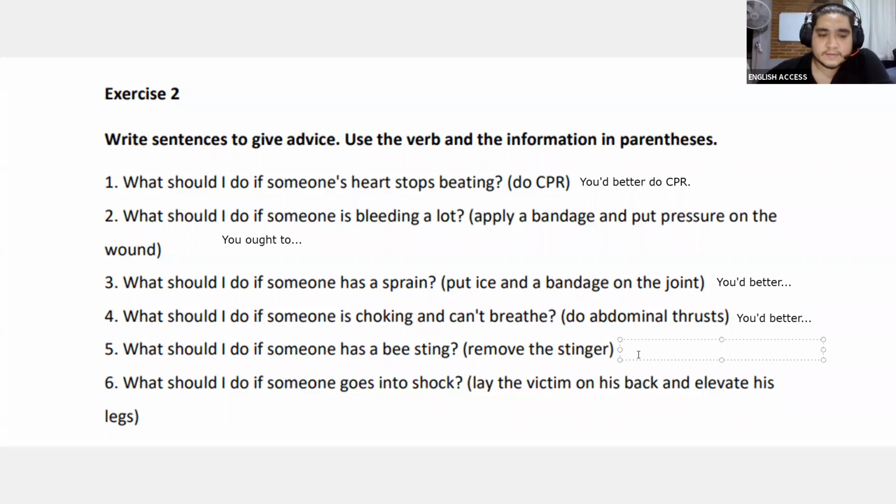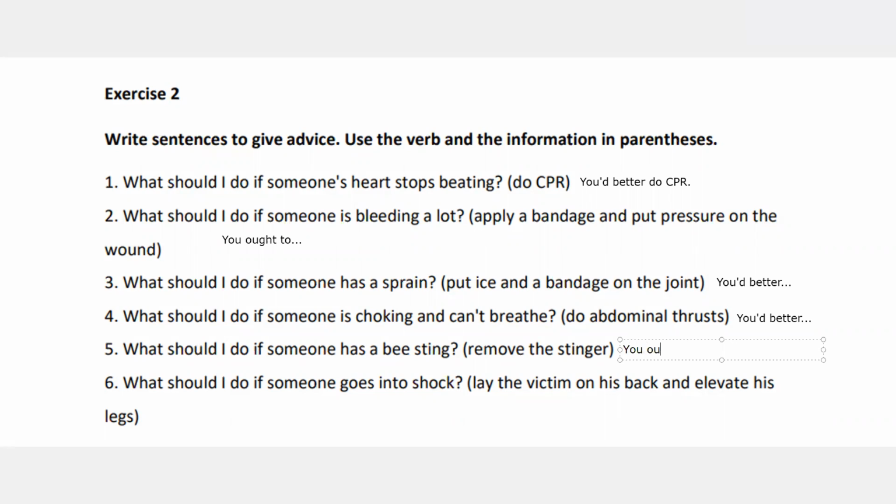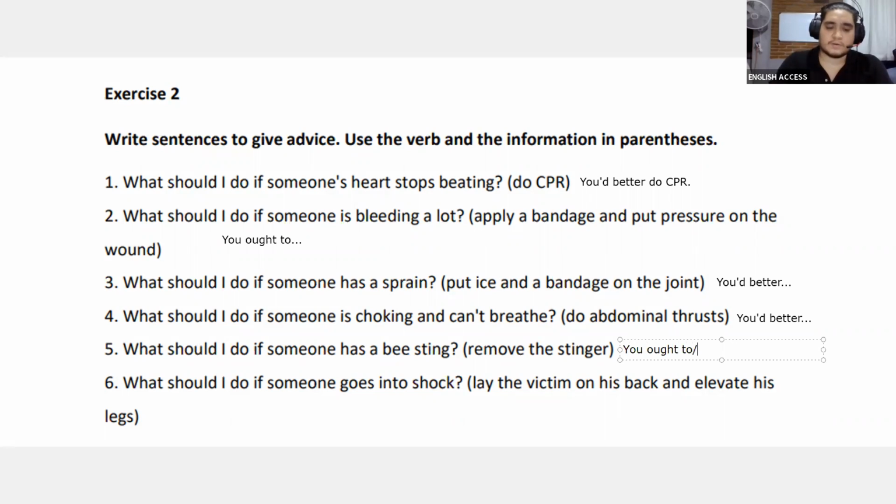Number five. What should I do if someone has a bee sting? You ought to remove the stinger, or you should remove the sting. Yes, you ought to or you should. Very good.